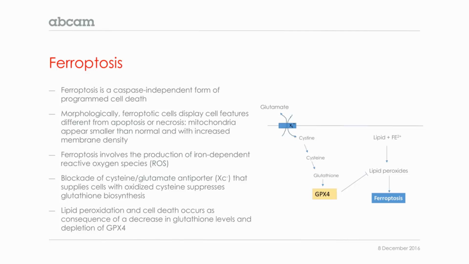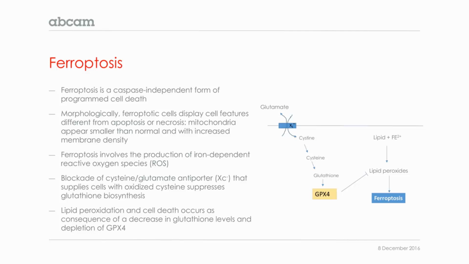Ferroptosis is characterized by the accumulation of lipid peroxidation products and reactive oxygen species derived from iron metabolism. Ferroptosis can be triggered by inhibiting the system Xc-, responsible for maintaining the redox homeostasis by importing cystine, which is reduced to cysteine and used to synthesize glutathione, the major antioxidant molecule in the cytosol.